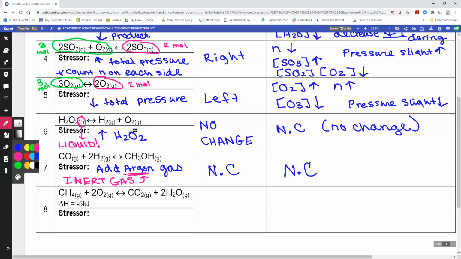All right, the last one here, the stressor we're going to do is going to be to increase the temperature. So I need to think about this right here.